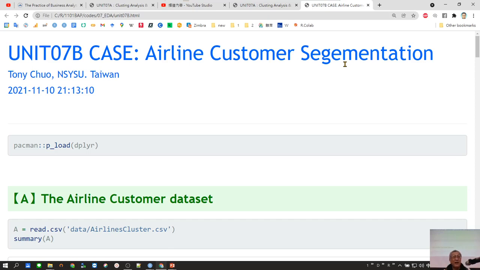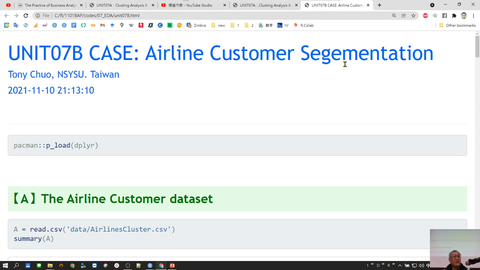So how do you do that? Okay, it can help you to do the segmentation, but how about targeting and positioning? Any idea? So how do you want to do your midterm report?